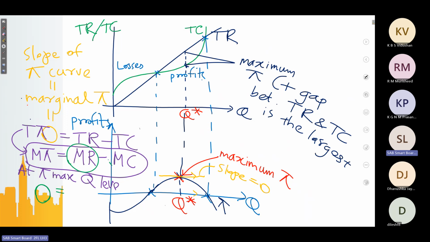So at profit maximizing output level, marginal profit is 0, and at the same time, marginal revenue is equal to marginal cost.